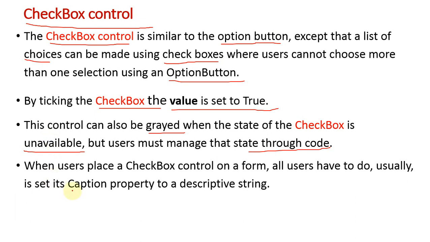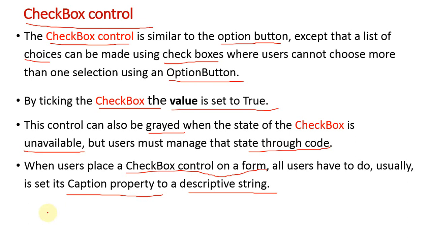Okay, when the user places a checkbox control on a form, all users have to do usually is set its caption property to a descriptive string. So that is the same thing I would do: Laptop for check 1, mobile for check 2 and desktop for check 3.